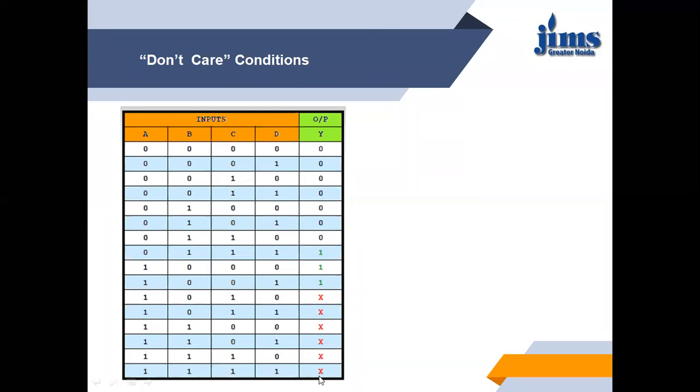So in the truth table, we have represented these don't care conditions with the help of a cross. Many times, in many books, you will find that it is written as D, small d. Whichever the representation, in standard form, whenever there is a don't care condition, we'll represent it by a cross.